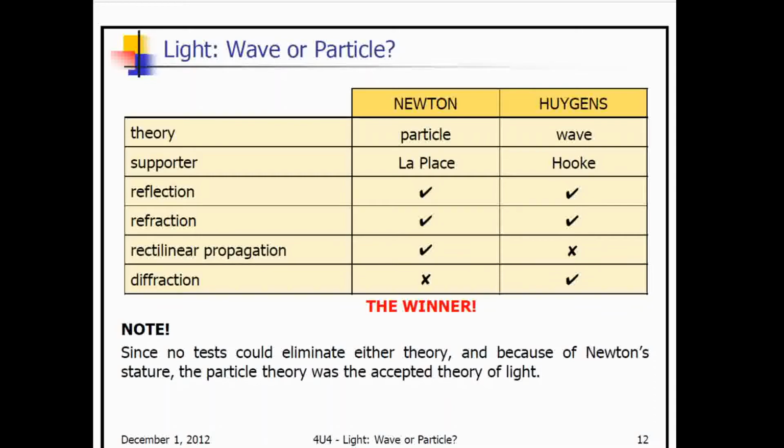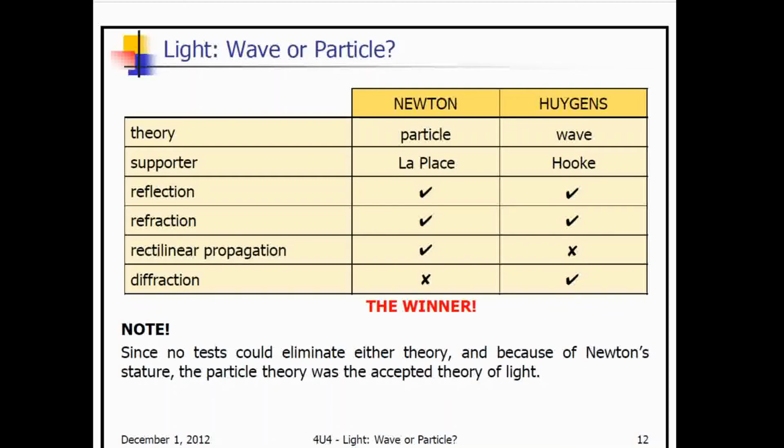And Huygens' theory explained diffraction well, but Newton's theory didn't explain diffraction well, because how would these particles interact with each other if when we shoot beams of light at each other, they do not actually have any sort of diffraction.